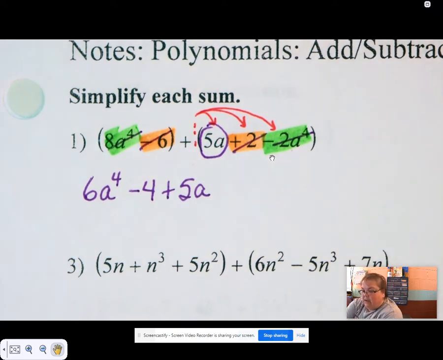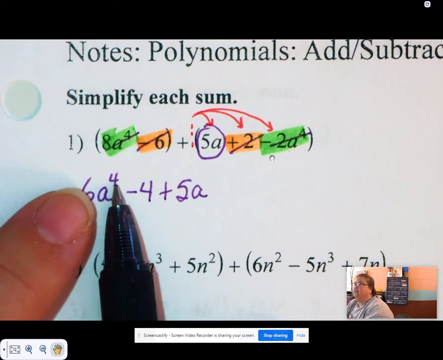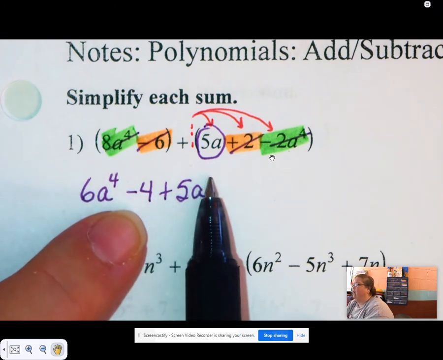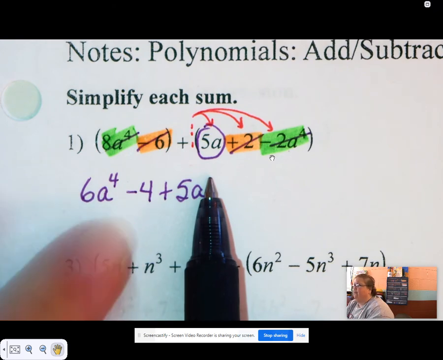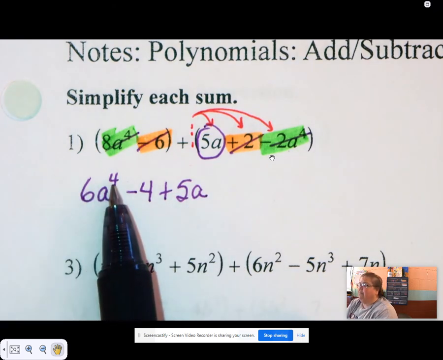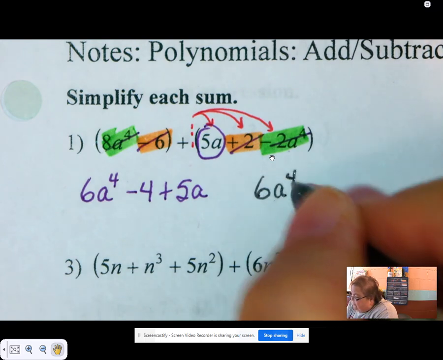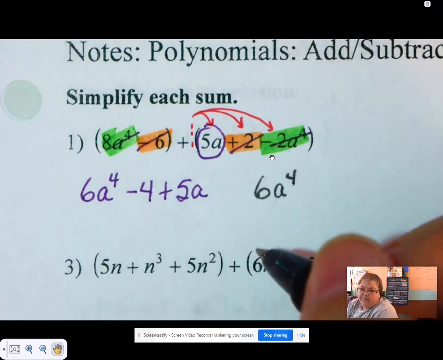Now, this cannot be my final answer. Why not? It's not in standard form. Okay? I have an exponent of 4. I have no variable, and I have an exponent of 1. That is not in standard form. Highest exponent, so 6a to the 4th is written first, because that is the highest exponent.